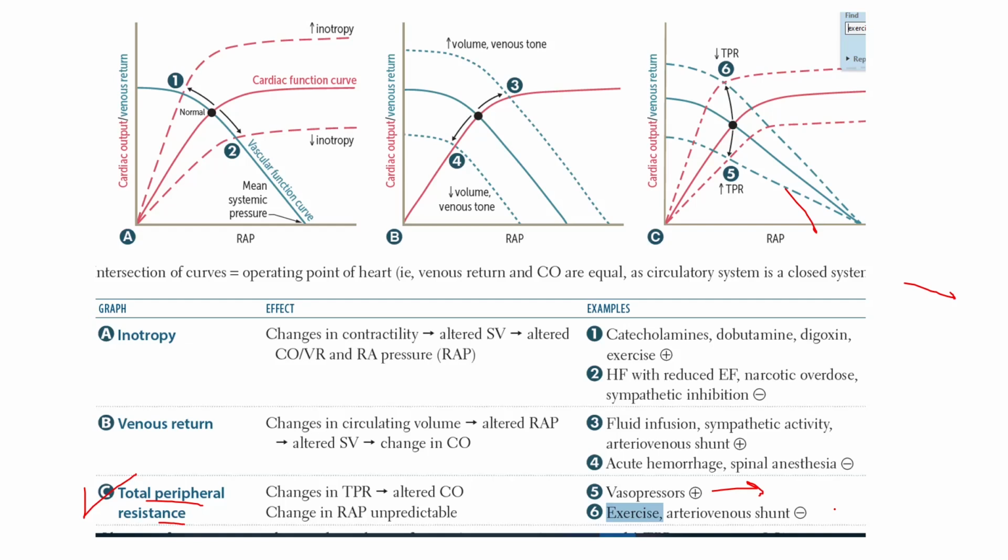So when they dilate, more blood comes in the muscle, and hence the muscle gets its nutrients. When the muscles throughout your body dilate, the vessels inside the muscles also dilate, which in turn decreases the total peripheral resistance. Now, how does arteriovenous shunt or the AV shunt, as we call it, how does that decrease?